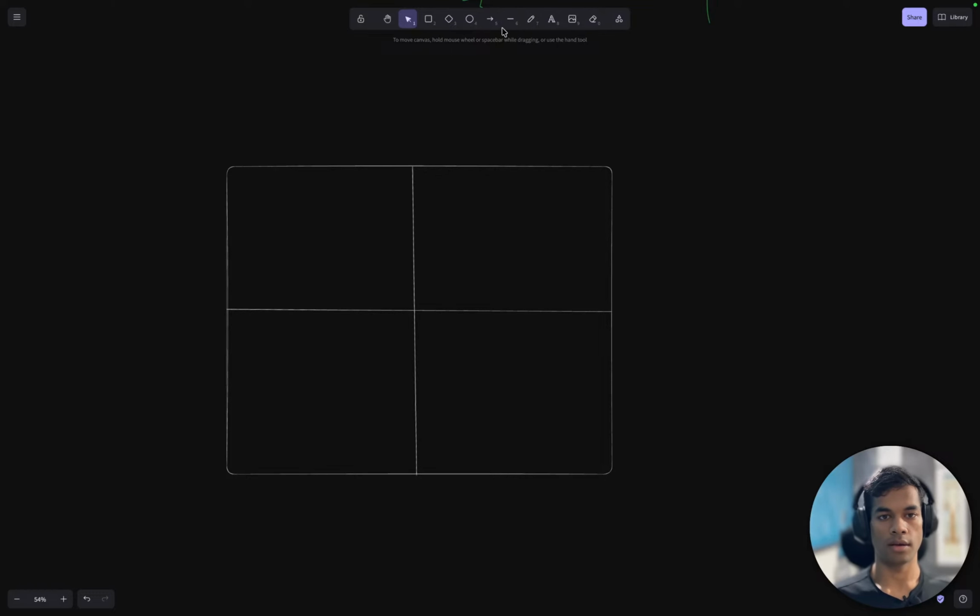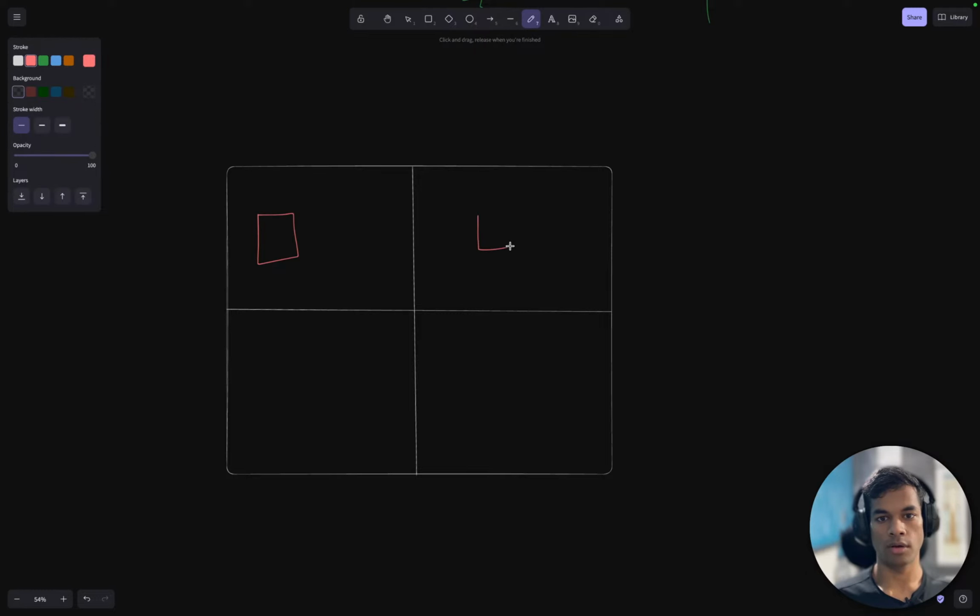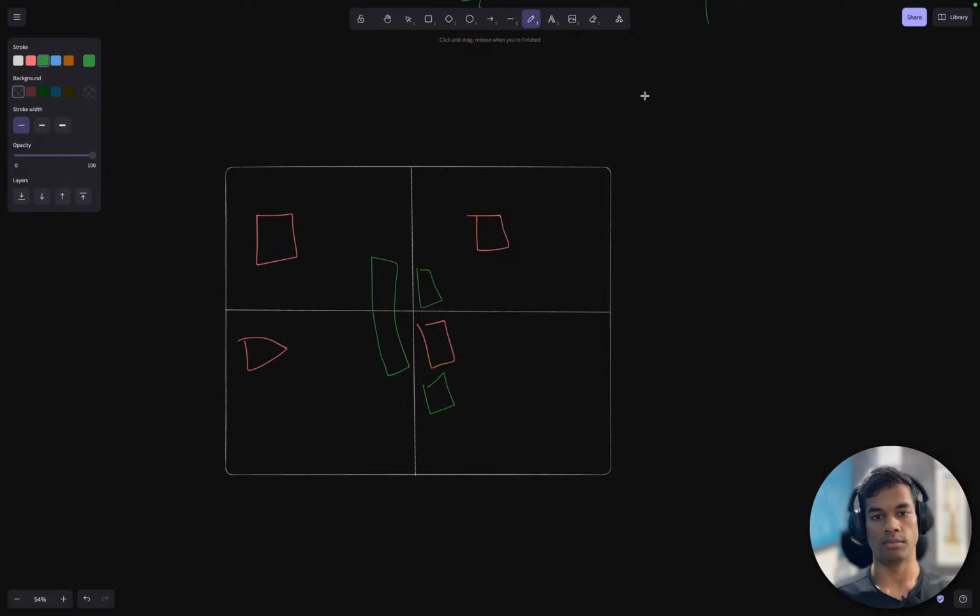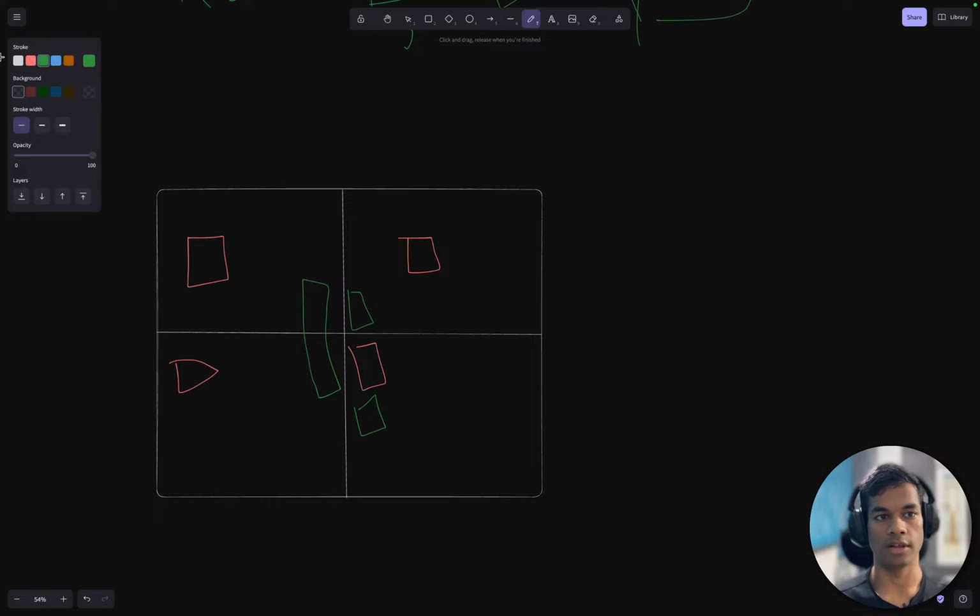Let's see. One way would be to just have one block in each of these. Another way would be to have something like this. These two would be one, these two would be one. So that is 2 ways. Okay, instead of representing them like this, one way would be to have the tower filled like this.